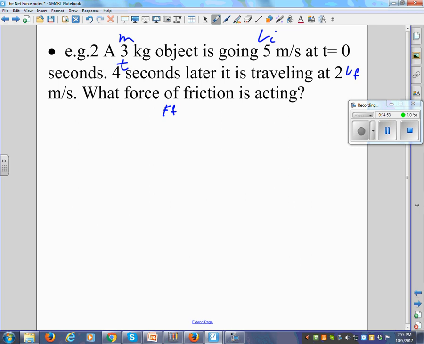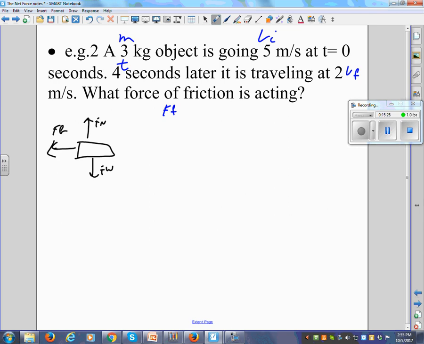So you're looking for Ff. Now the only real formula that I have so far that's got Ff in it is F net equals Fa plus Ff, right? But hold on here, let me just draw the picture. I got weight force, normal force, there's no vertical. I think the only force that's acting is the friction force, right?